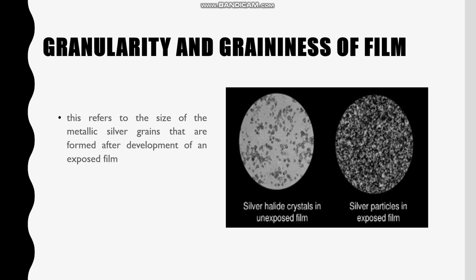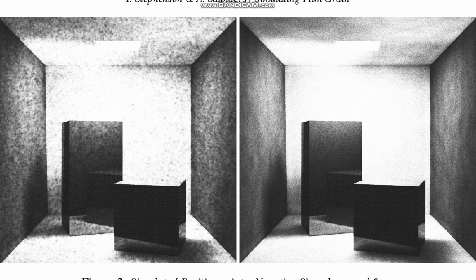So yun po yung ating granularity and graininess ng ating film. It's either how big the metallic silver na na-produce or how fine the metallic silver na meron tayo. So as you can imagine, di ba, ito po ay parehas na subject, parehas na camera, magkaiba ng film. The finer the silver halide crystals, the lower the film speed.